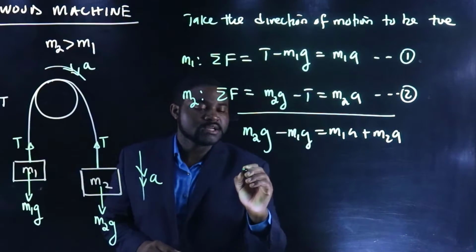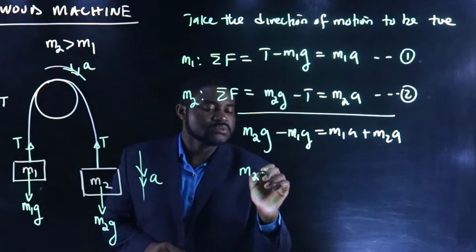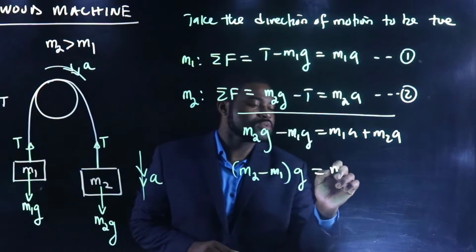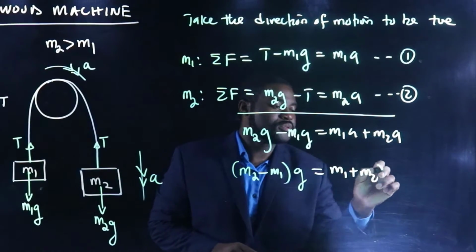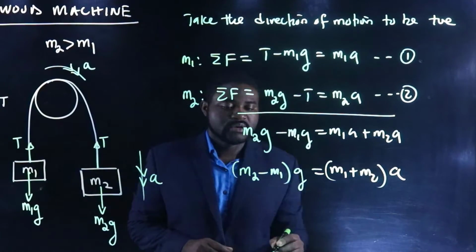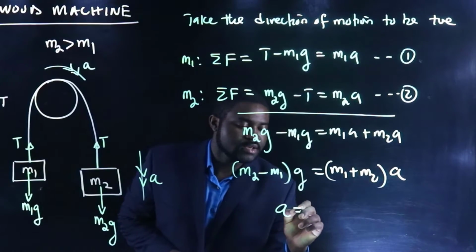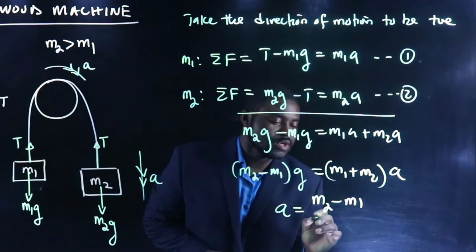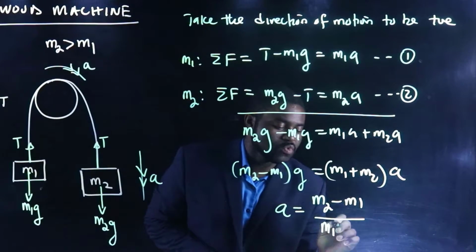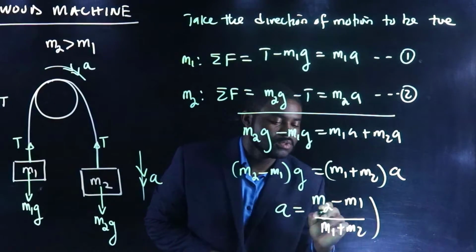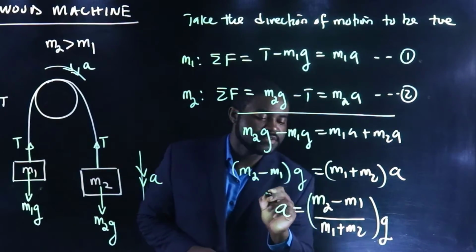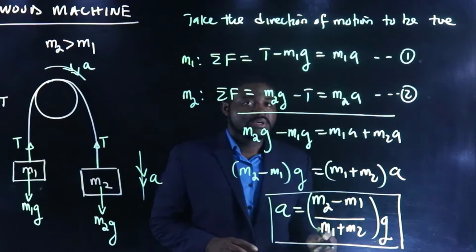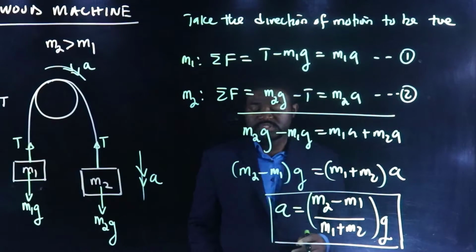That means that M2 minus M1 all multiplied by G equal to M1 plus M2 bracket A. Therefore, the acceleration A is equal to M2 minus M1 divided by M1 plus M2, all multiplied by G. This gives you the acceleration of the system.